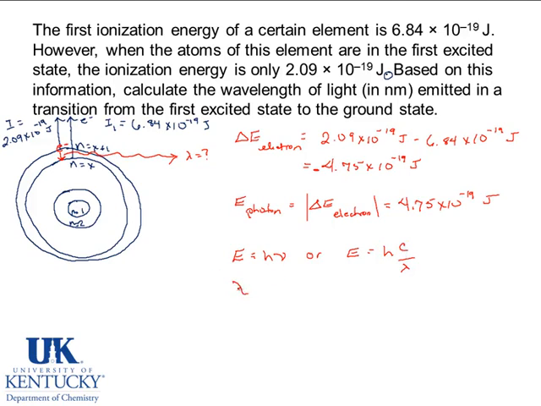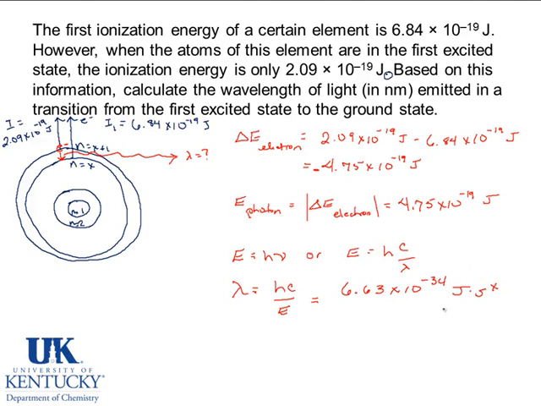So what would lambda equal? That's wavelength. It would be hc over E. So we'll put our numbers in. We have 6.63 times 10 to the minus 34 joule seconds for our h.